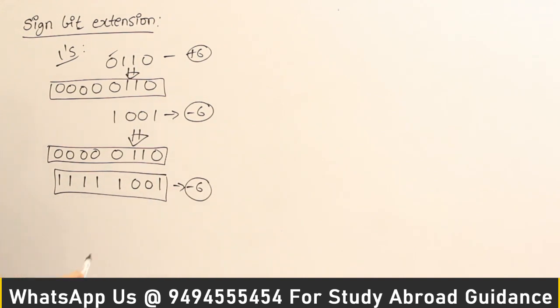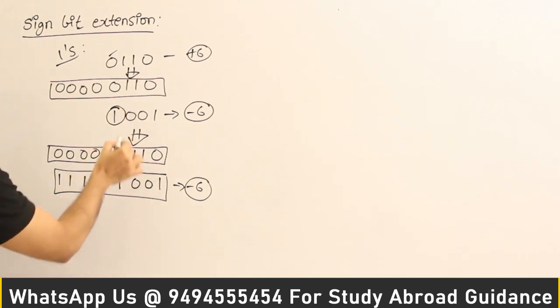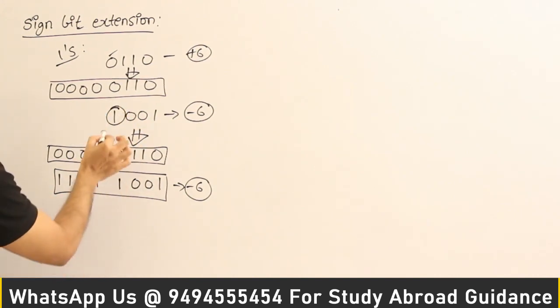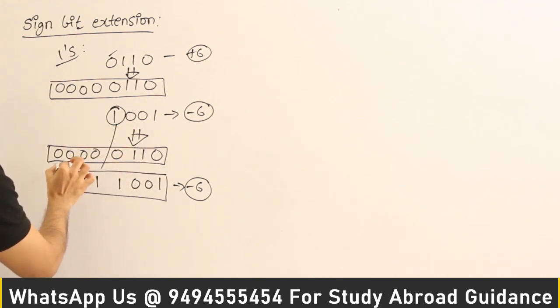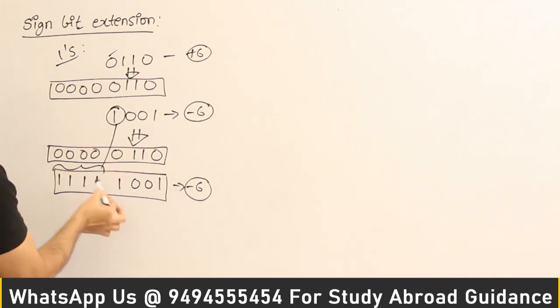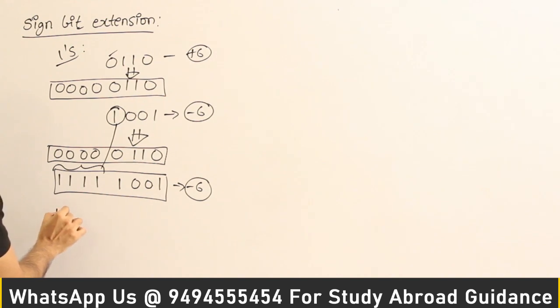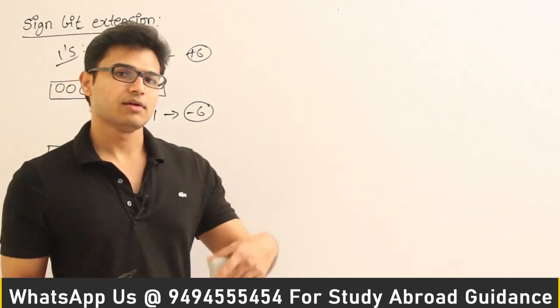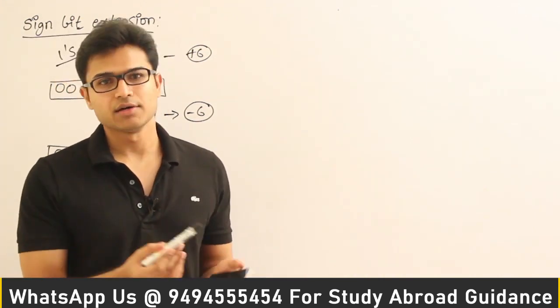So if you observe what we did, the sign bit, which means the most significant bit, here is 1, and that particular sign bit has been copied into all the new bits. Therefore in case of ones complement, whenever you are extending, we take this sign bit and we copy it into the MSBs of the required size.